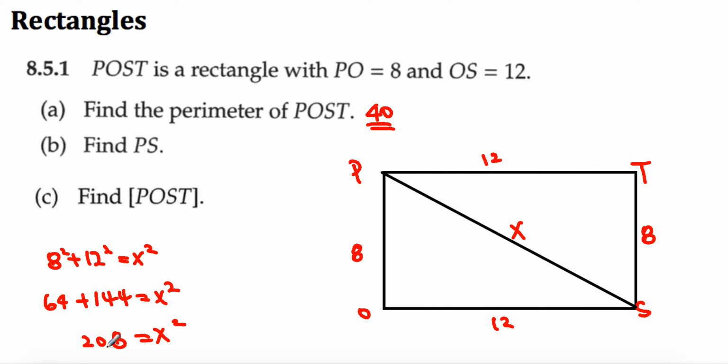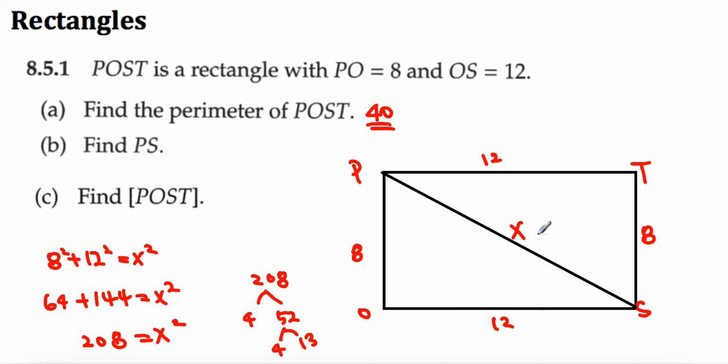Then I believe that we can factor this one out. So 208, when you break that into 4, then you get to see that that's 52. And then you can break 52 with another 4, then we get 13.